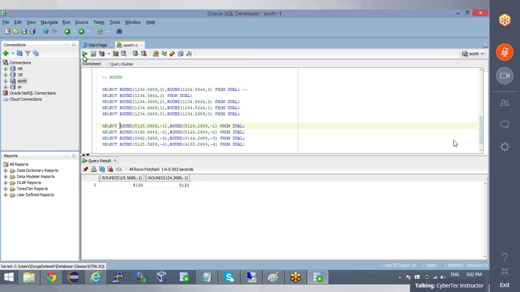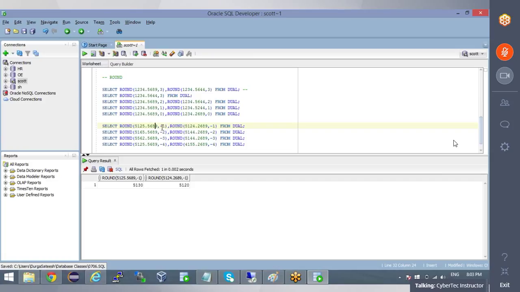When it is a positive value, like let's say 1, 2, 3 or 4, whatever may be the number, it indicates the number of digits that we require after the decimal value. When we say the value as 0, it means that we do not require any digits after your decimal.